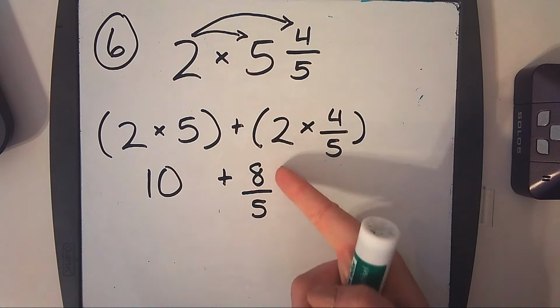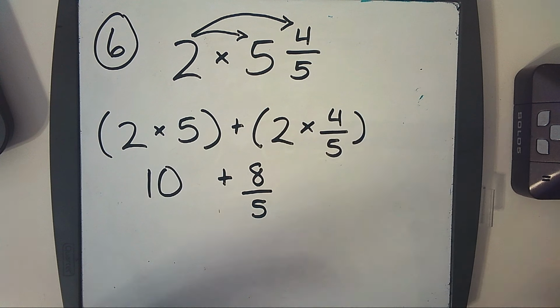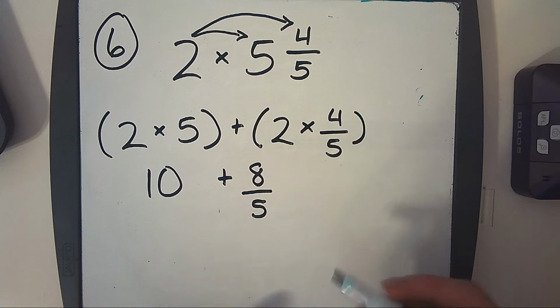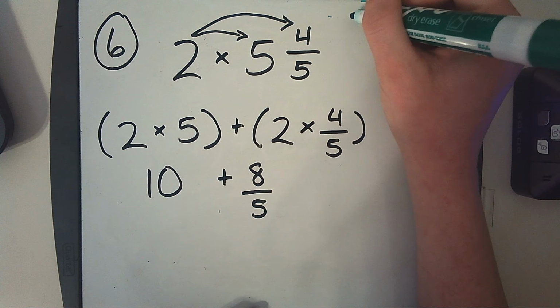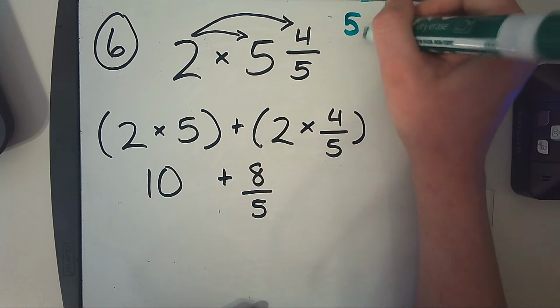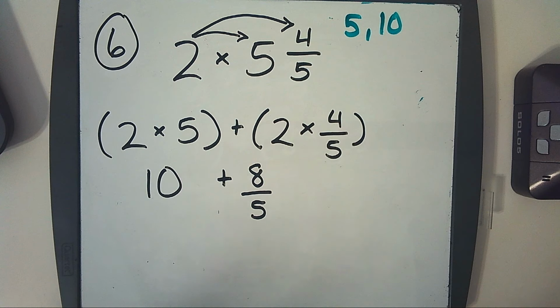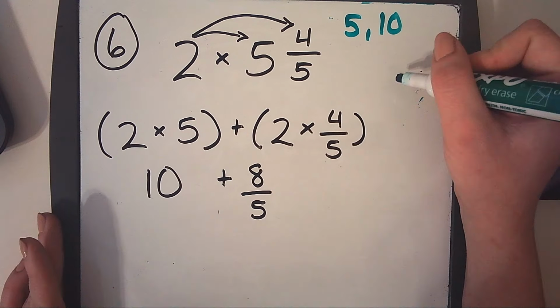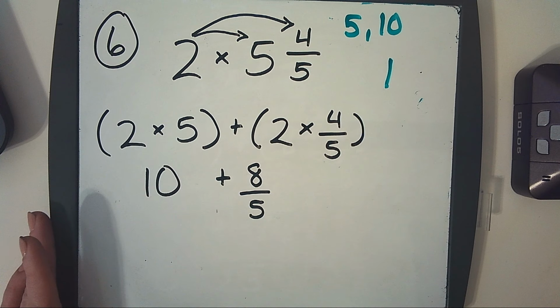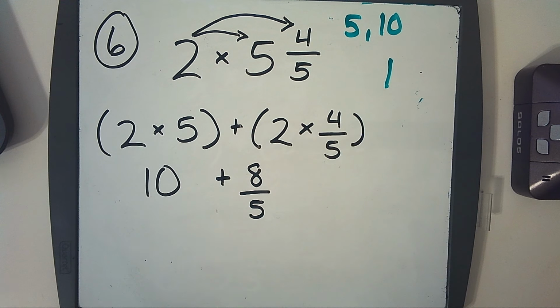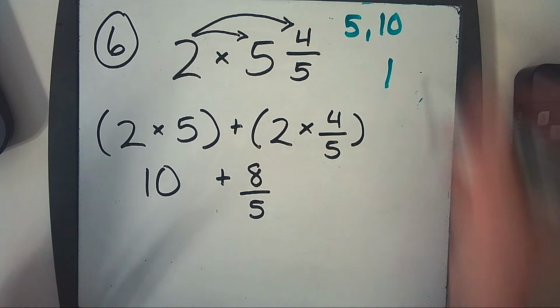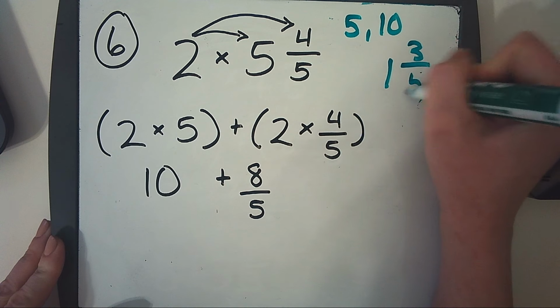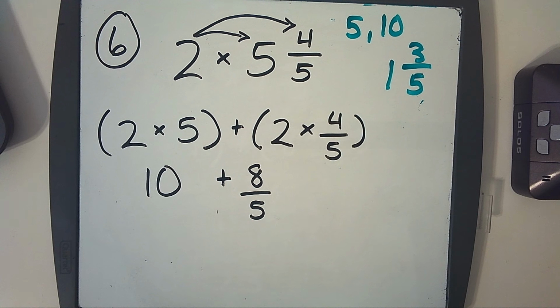When your numerator is just a little bit more than your denominator, it's going to be simpler. But if this was 70/5, then that's a lot of skip counting that you would have to do. So if I skip count by 5s, I'll do it up here. 5, 10. Well, 10 is more than 8, so I know that I can only have one whole, and then if I count up from 5 to 8, 6, 7, 8, there's going to be 3/5 left over.